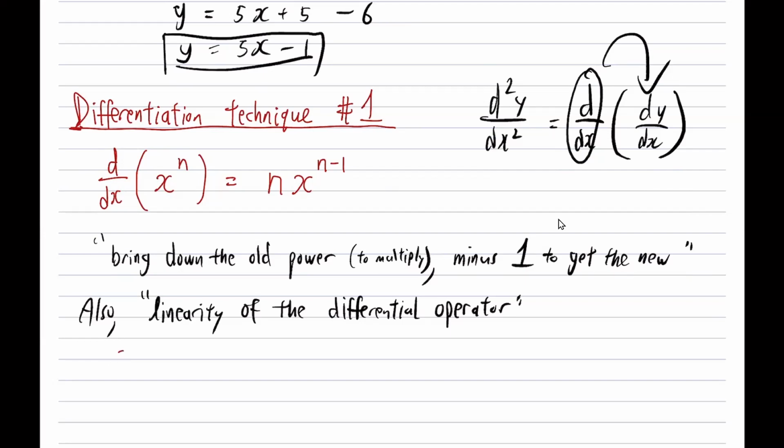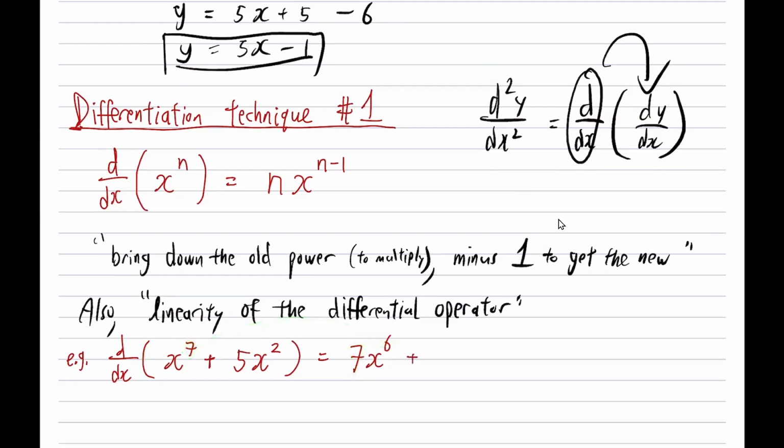Take d by dx of x power 7 plus 5x squared. I'll put a concrete number, let's say 7. This will be 7x power 6, because we bring down the 7 and minus 1 to get the new power. 7 minus 1 is 6.